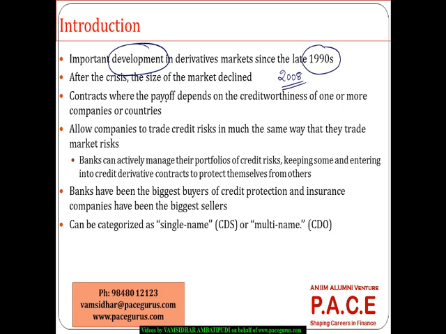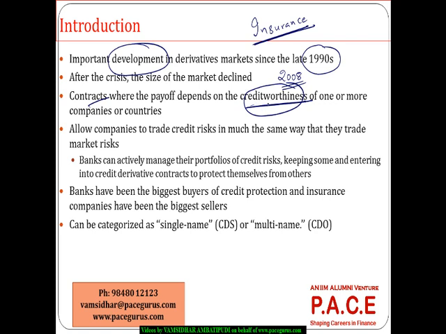Simply put, a credit derivative is a contract where the payoff depends on the creditworthiness of one or more companies. So it's a kind of insurance contract, because the payoff depends completely on the creditworthiness of one or more companies.